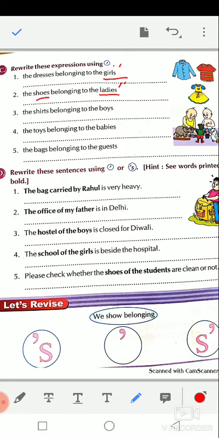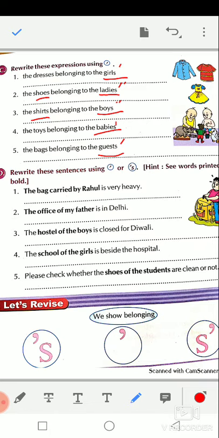The shirts belonging to the boys, we can say boys' shirts. The toys belonging to the babies, as S is already there, this is plural, so we add only an apostrophe, babies' toys. The bags belonging to the guests, guests' bags.